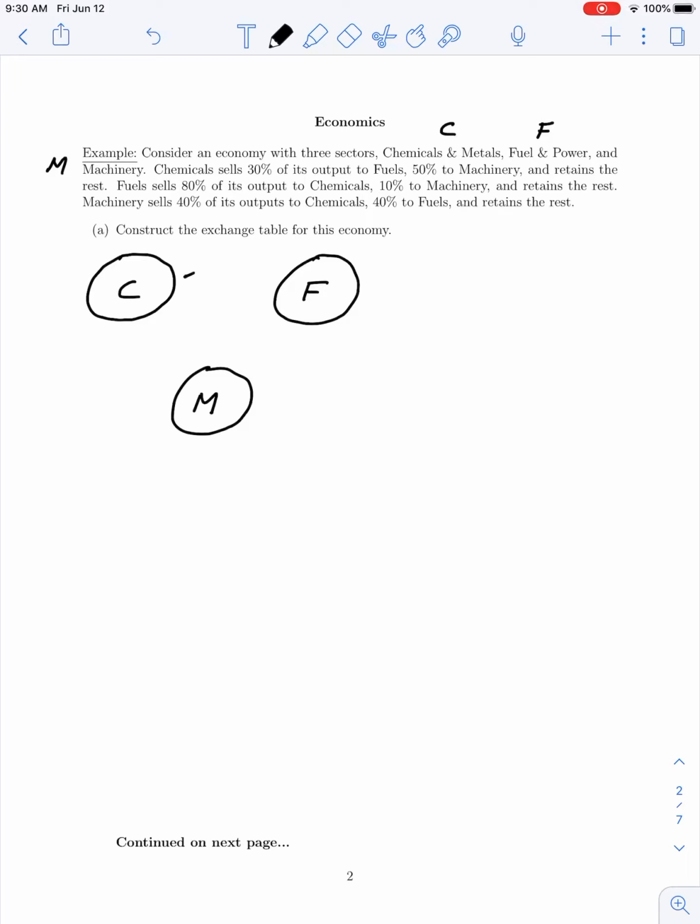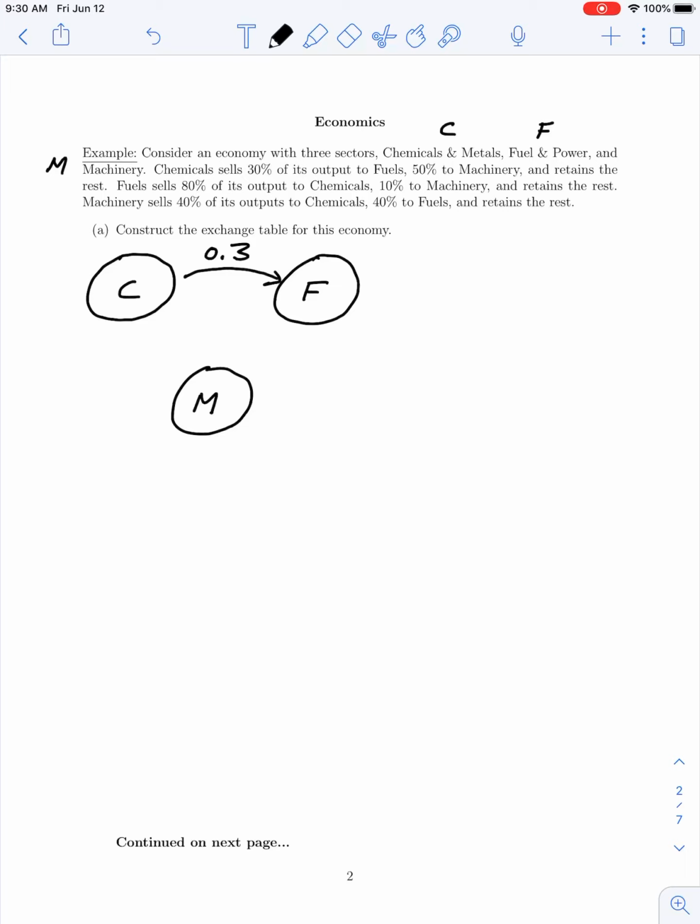So from chemicals, the output being sold to fuels would be 30% of its output. So we indicate that by drawing this directed arrow from chemicals to fuels. And the 30% of its output being sold, we would denote on that arrow as 0.3 or 30%.